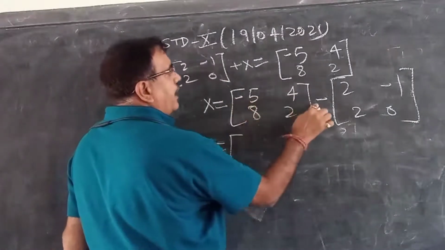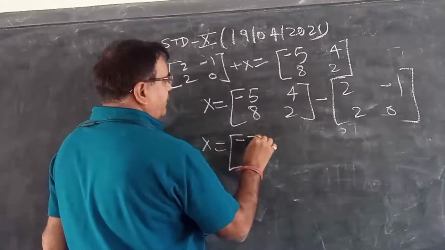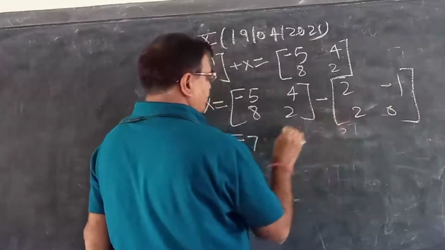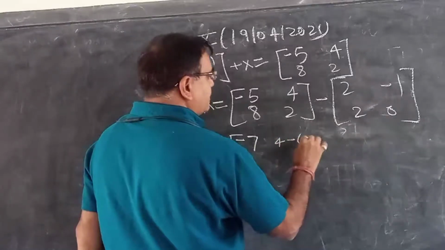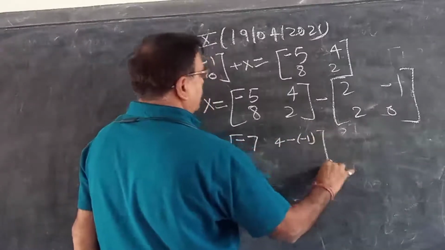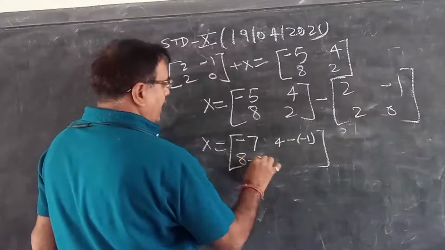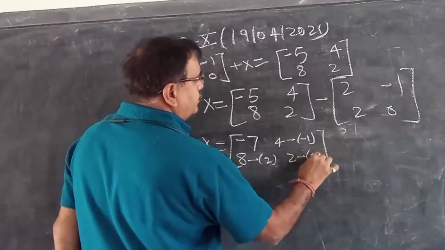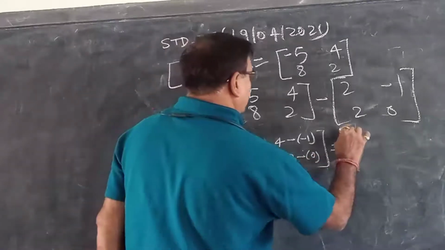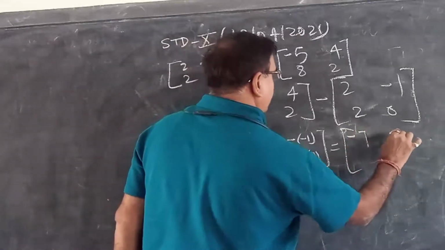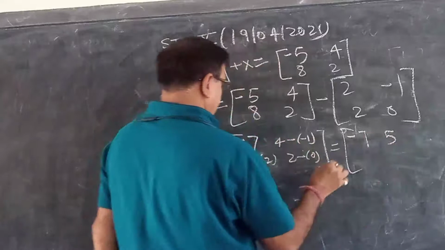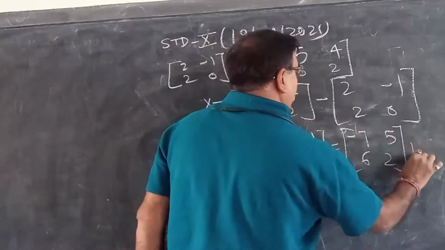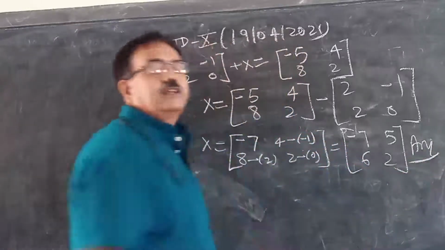Minus 5 minus 2 is minus 7. 4 minus minus 1 is plus 1, that is 5. 8 minus 2 is 6 and 2 minus 0 is 2. This is the value of X and this is our answer.